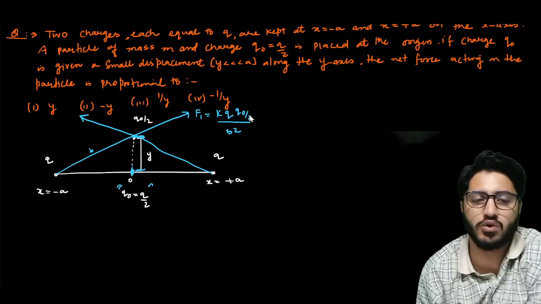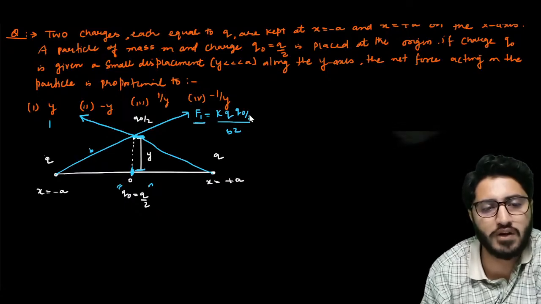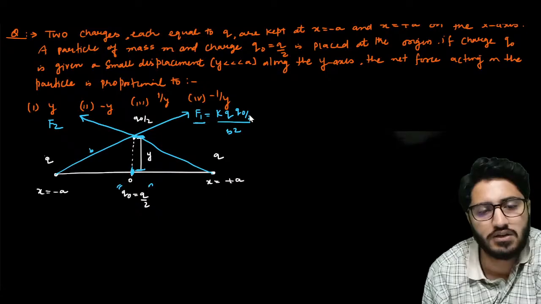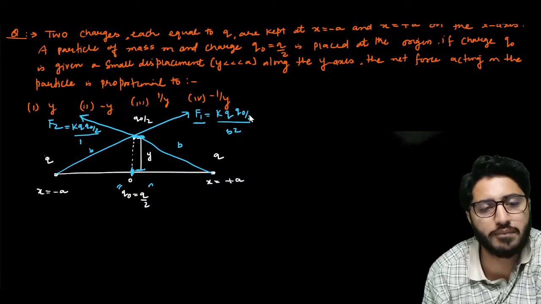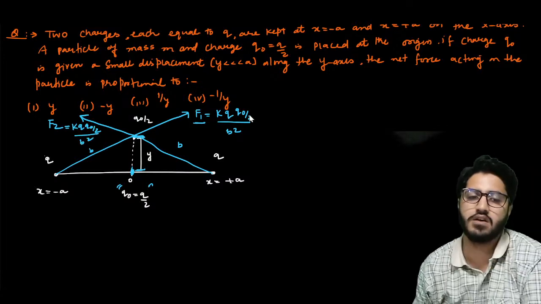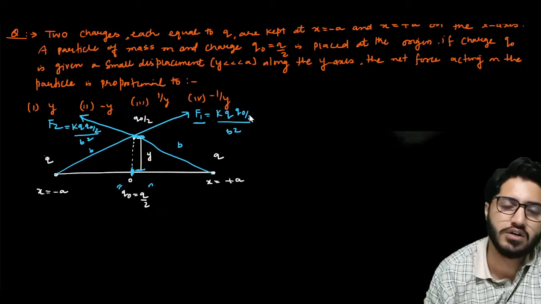So what is the net force? Look now, positive repels, so we get F1. This positive also repels, we get F2. F2 will be equal to k Q q by 2 whole divided by the distance squared. Now we have two forces acting on the particle, so I need to resolve them.